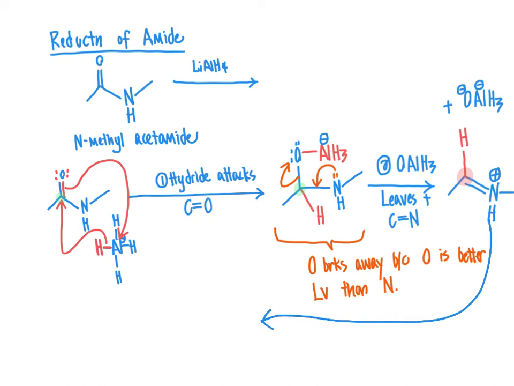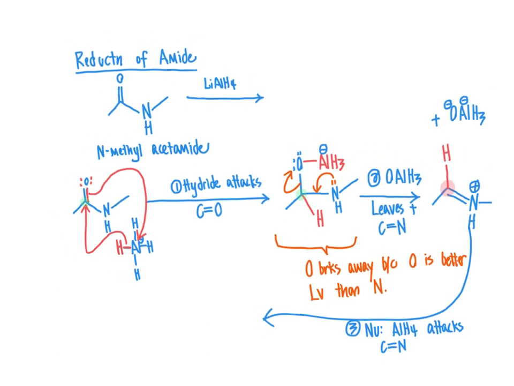And so what's going to happen here in step 3 is that the nucleophilic aluminum hydride, specifically the hydride part of that, is going to attack the carbon-nitrogen double bond. So let's show that occurring here. We'll go ahead and bring in our aluminum hydride, and I'm going to zoom out here just a little bit so that we can see what's happening.